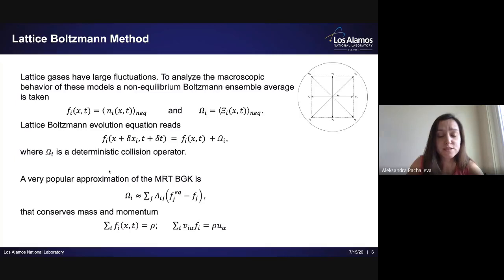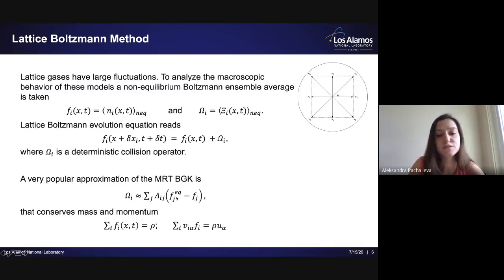Usually the easiest approximation for the collision operator is the BGK approximation. This is the single relaxation time. Here I have given the form for multiple relaxation time, where we have this lambda matrix, which contains all the relaxation factors depending on in which direction, or at what rate, our distributions are relaxing. Of course, this is a very simplistic description.